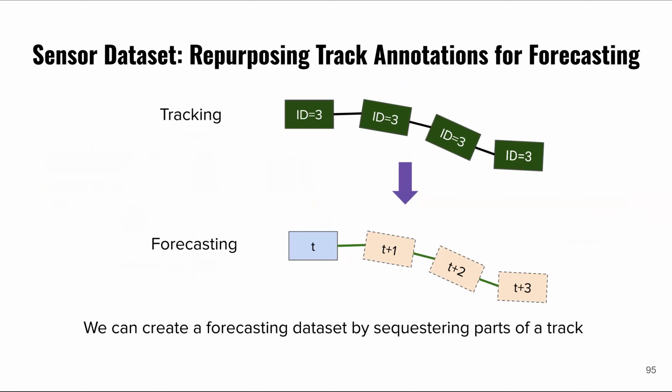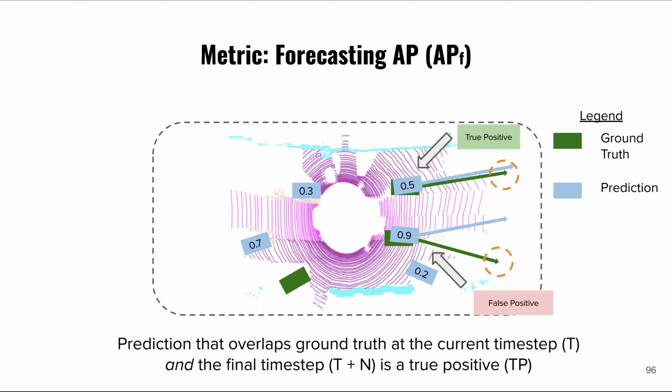And we can reuse the sensor dataset, although this dataset wasn't meant for the task of motion forecasting. We can turn the track level annotations into forecasting annotations by sequestering parts of the track. And for this, we propose a new metric called forecasting mAP. And this metric is heavily inspired by mAP.